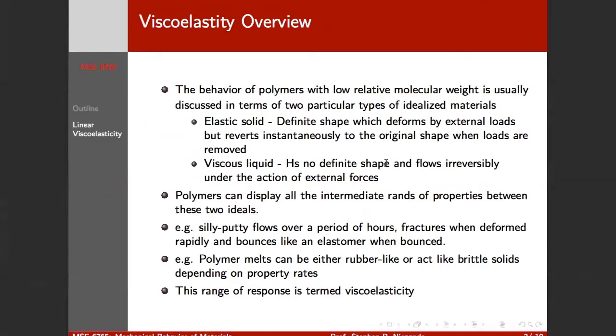All right, but for the most part, when we're talking about viscoelastic materials, we're talking about either polymers or a lot of biomaterials that exhibit viscoelastic effects.